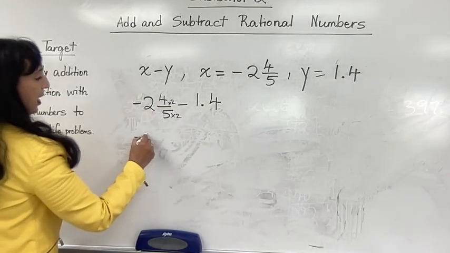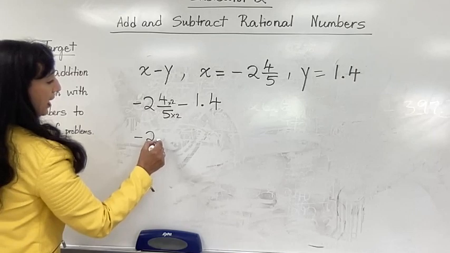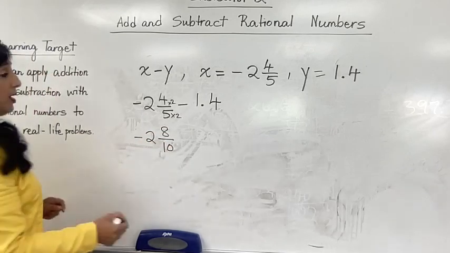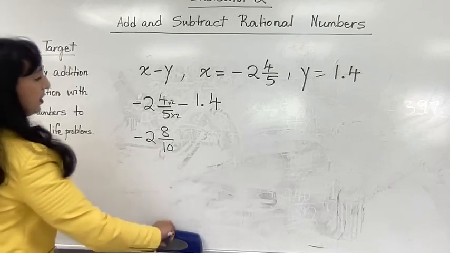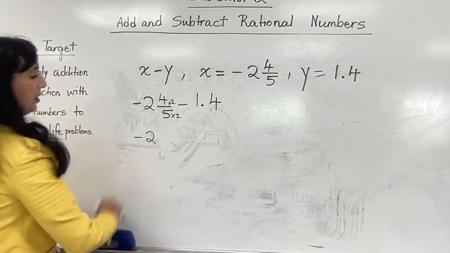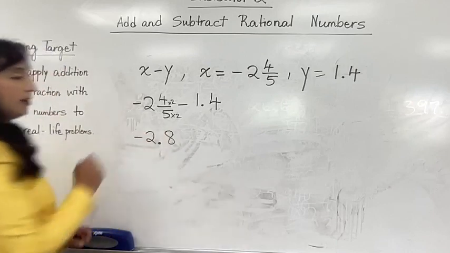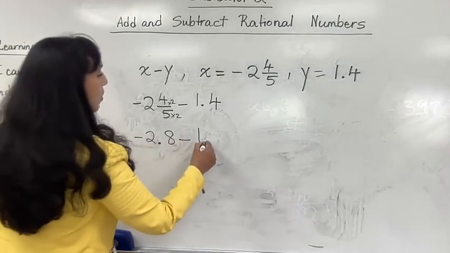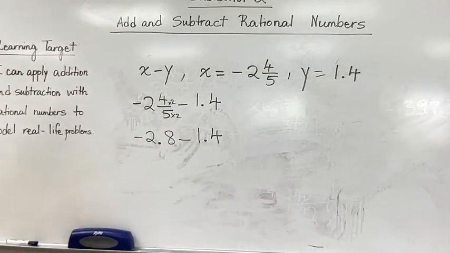So I'm going to get negative 2 and 8/10, right? And 8/10 means what? This is actually nothing but here, negative 2 and 8/10. That's basically what I've done. All right, minus 1 and 4/10.